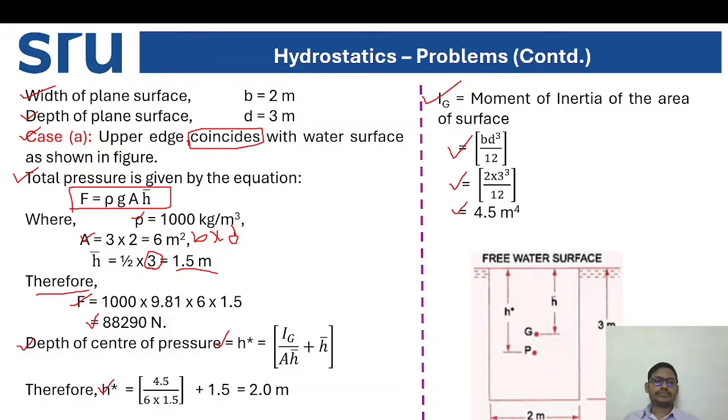Now substitute Ig. Ig we know, A we know, H bar we know. Just substitute it, you will get H star equal to 4.5 by 6 into 1.5 plus 1.5, that is equal to 2.